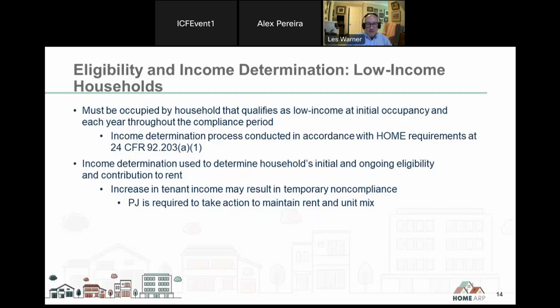So if that over-income tenant, maybe in a year or two, decides to move out of that unit, maybe they're moving to a different area or they can afford a market rate unit and they're choosing to move somewhere else, when we go to re-rent that unit, we're going to make sure that we rent it to an income eligible household. We're going to charge them the appropriate rent for our low-income households on this HOME-ARP project, and that would bring that project back into compliance. We'll talk through the details of that a little bit more as we go forward here.